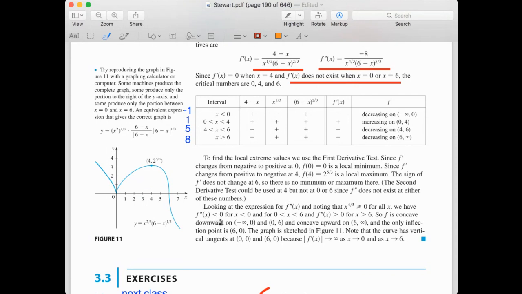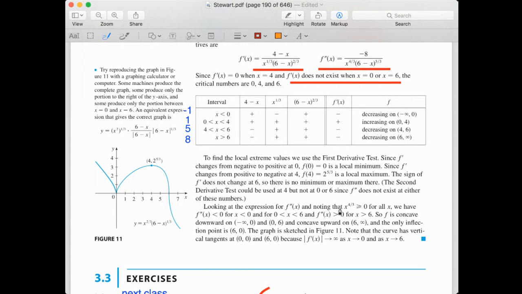Negative means concave down. So from negative infinity up to 0 is concave down because the second derivative is negative, and from 0 to 6 is also concave down.